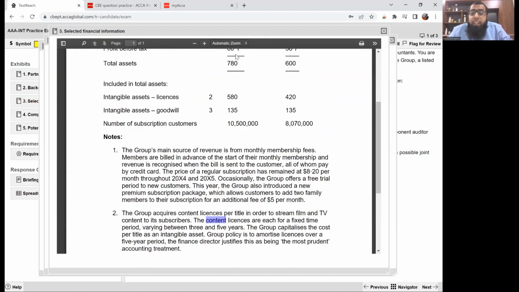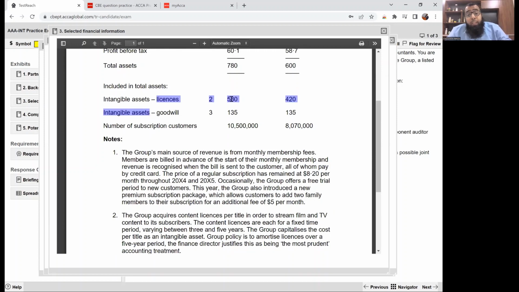It's worth $580 million. And your total assets are $780 million. So obviously, it's a significant asset. Okay, and it is obviously material also. So 580 divided by 780 million, it's like 74.3%. Obviously, we are not given the accurate amortization expense amount.